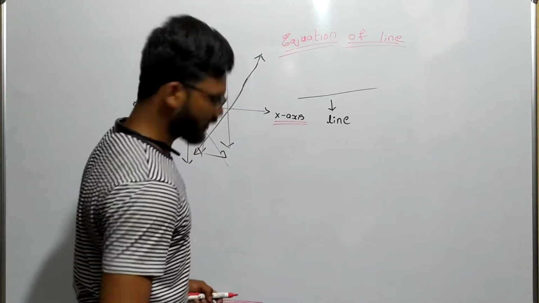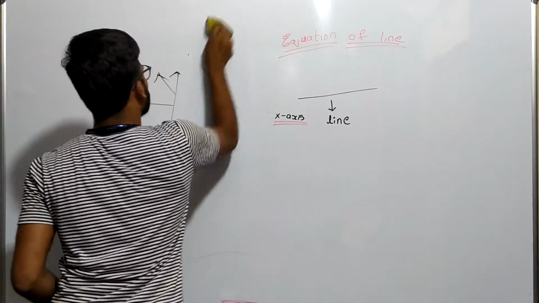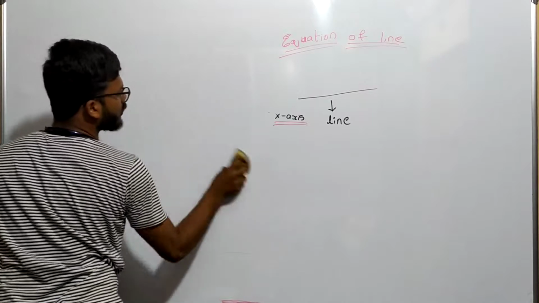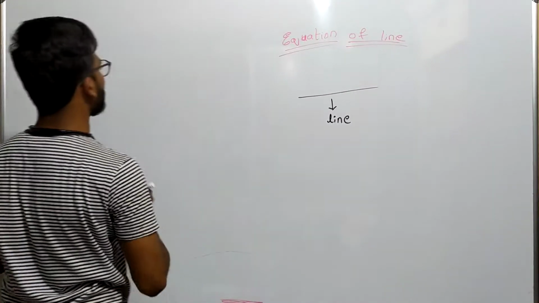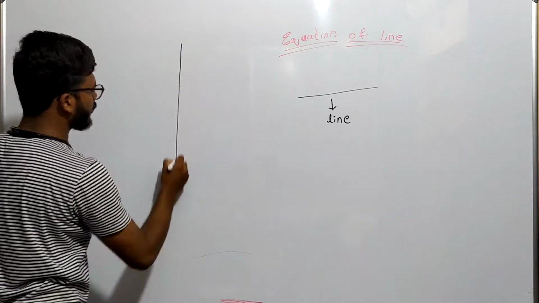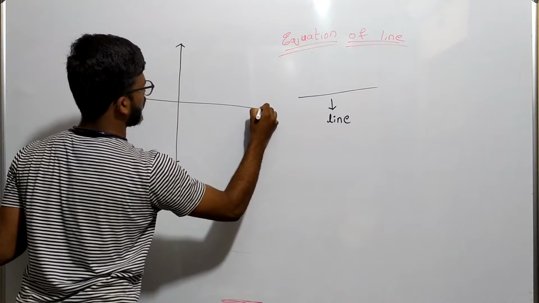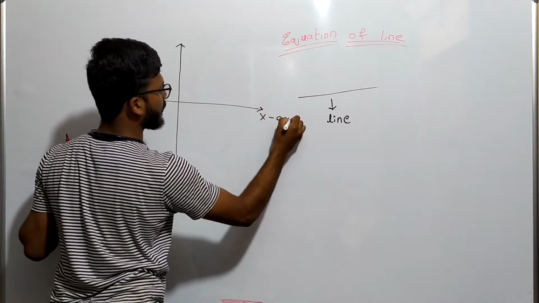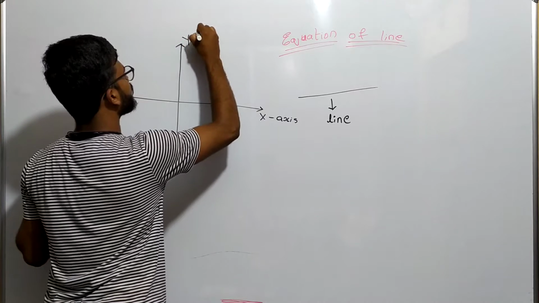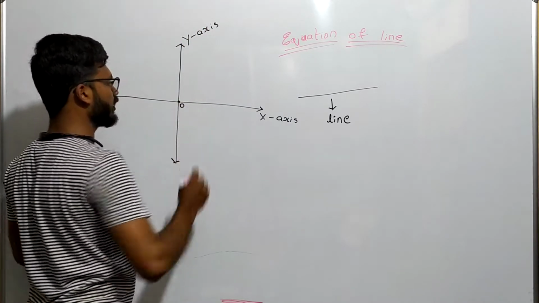Let us see here. Suppose, starting from x and y axis, these two are also lines, right? Starting from y axis and x axis, this is origin.